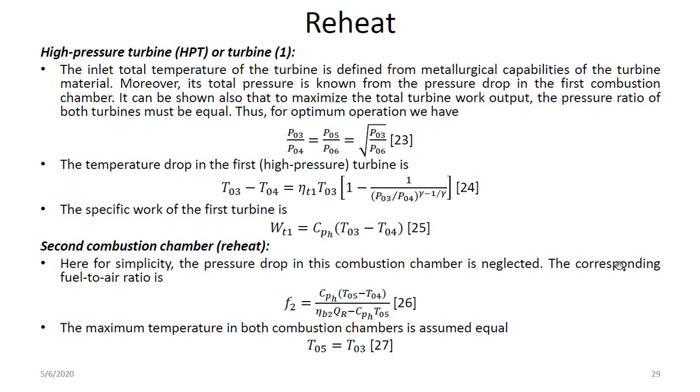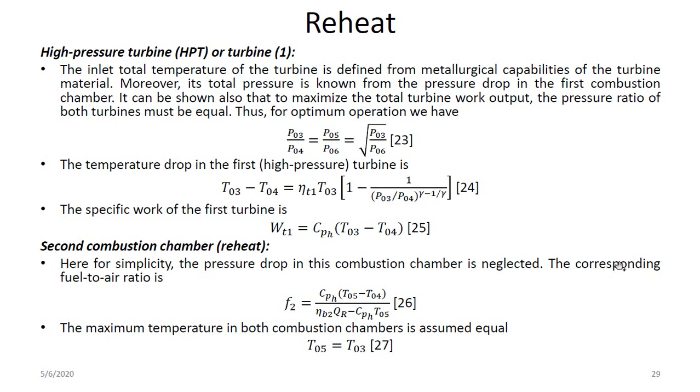So the pressure ratio across each turbine must be the same, and this should be equal to the square root of the overall pressure ratio from the first turbine to the last.